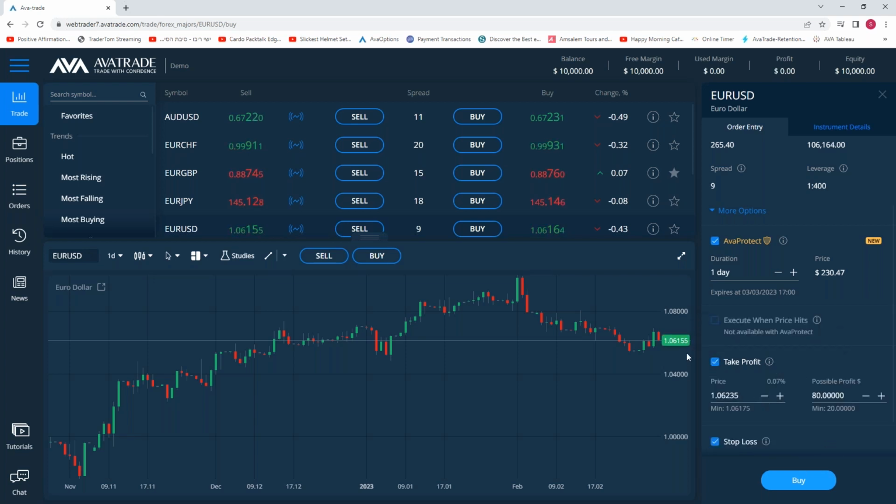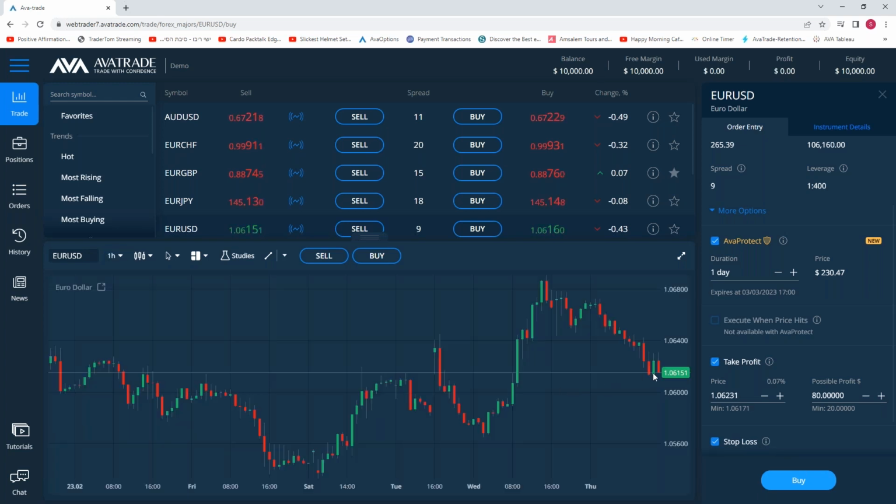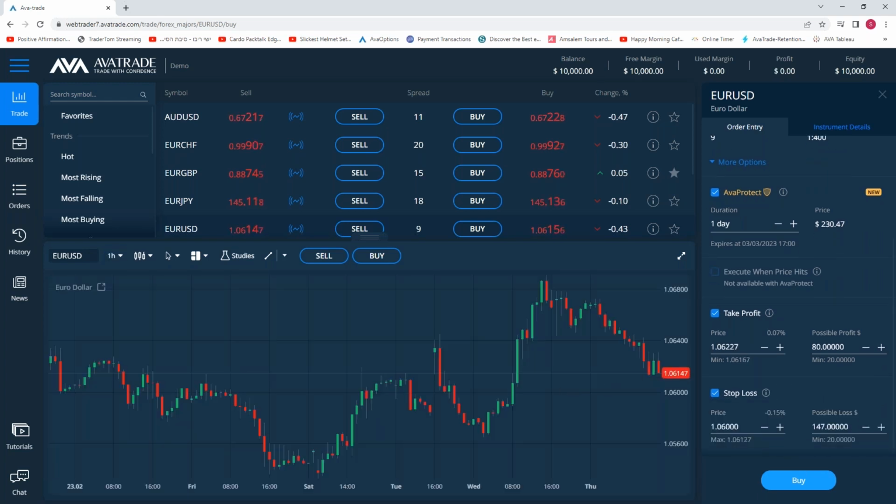If you want to take profit, let's go back to the 1 hour chart. Let's say you're risking $150, and you're hoping that the instrument will go back to 106.50, for instance, your potential profit is 350.